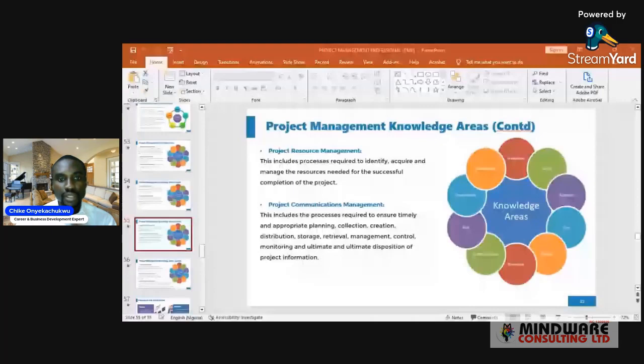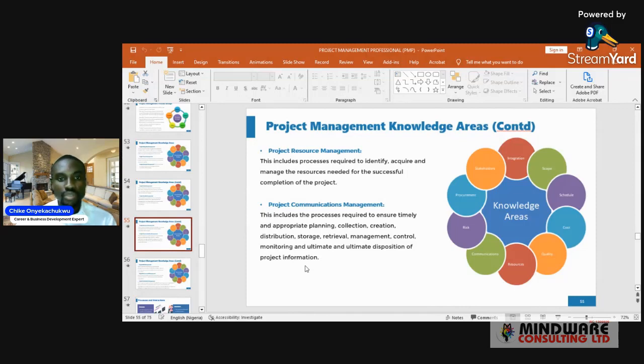So next is project communications management. This includes the processes required to ensure timely and appropriate planning, collection, creation, distribution, storage, retrieval, management, control, monitoring, and ultimate disposition of project information.